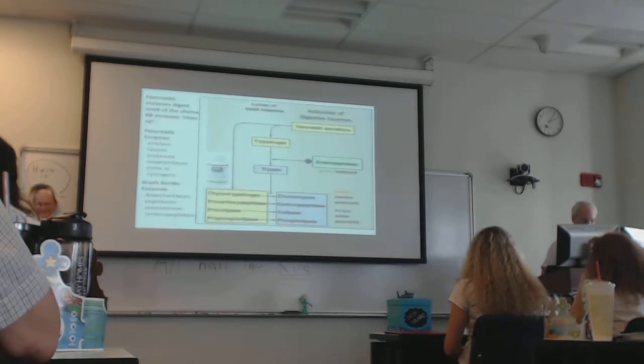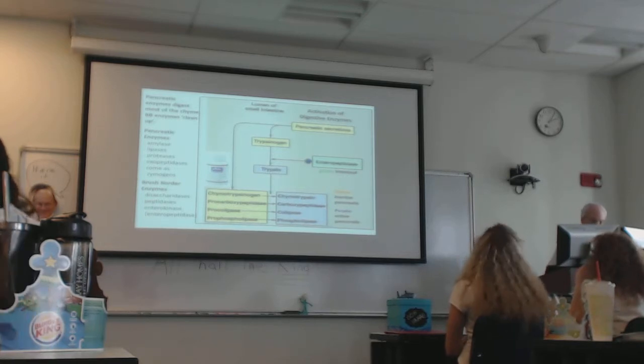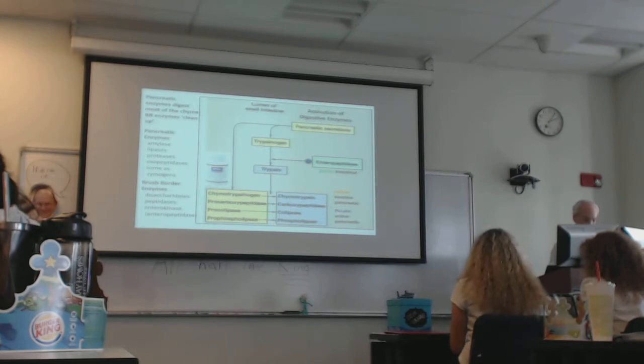So let's look at this very, very simplistic illustration and make sure we differentiate these two classes of enzymes. Everything in yellow in this graphic is a pancreatic enzyme. And everything that is green, there's not a lot of green here, is an intestinal enzyme.